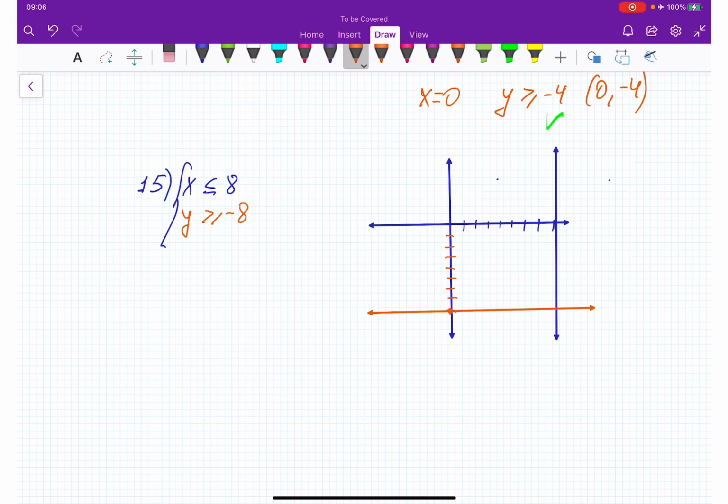All right, let's shade it. Now this one we can go over without drafting. x is less than 8. So it's coming this way, yes. And y is greater than negative 8, coming this way, which means it's going to be this corner, right? It's going to be created by both of these graphs, right?